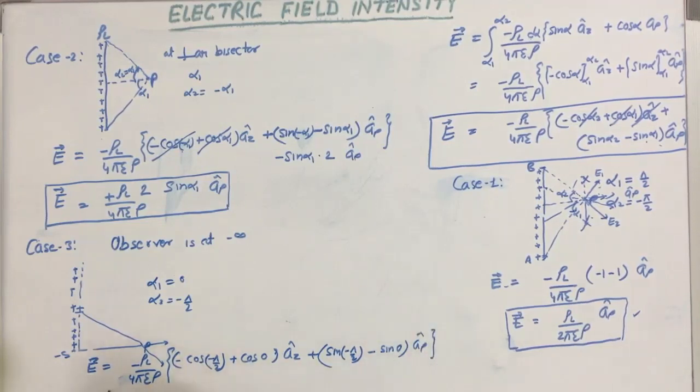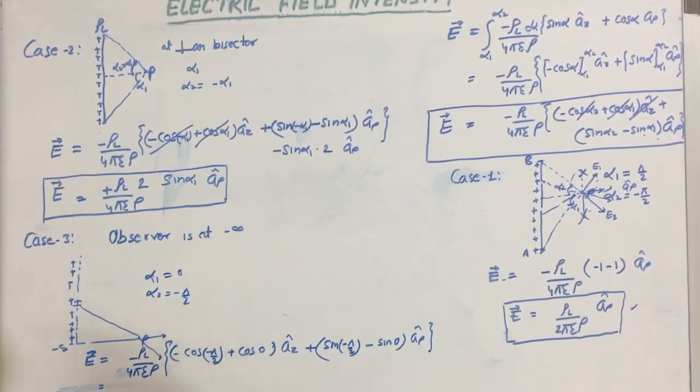Okay, carry on. I think it is visible: minus rho L divided by 4 pi epsilon rho. It will give you 0, it will give you 1 a_z, it will give you minus 1, it will give you 0, minus a_rho.